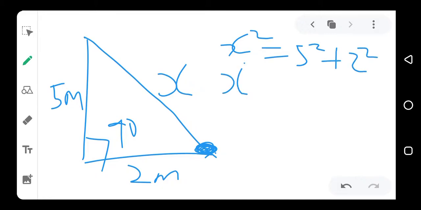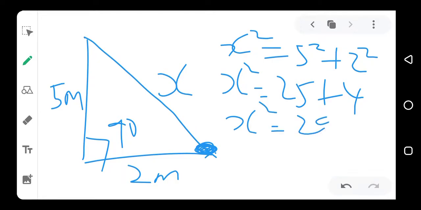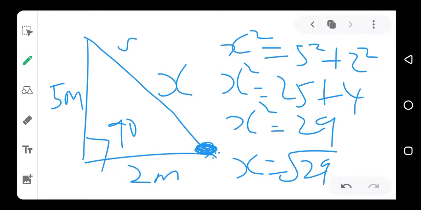So x squared is equal to 25 plus 4, and x squared is equal to 29, and x is equal to root 29. So the distance between the shadow and the top of the pole is root 29 meter. So that is how to solve this one.